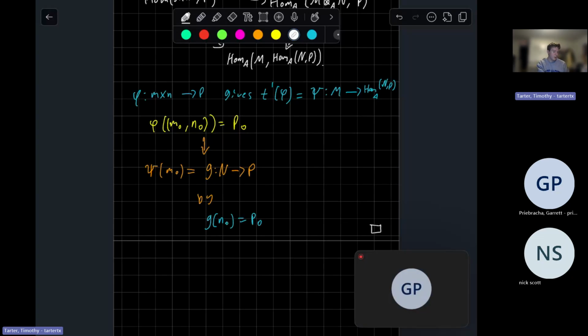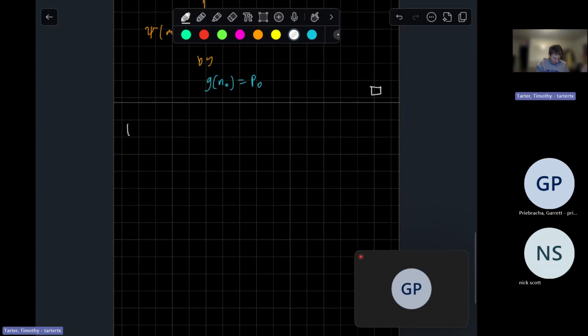Theorem. Any tensor product with N and then the morphisms of N with the thing are an adjoint pair.